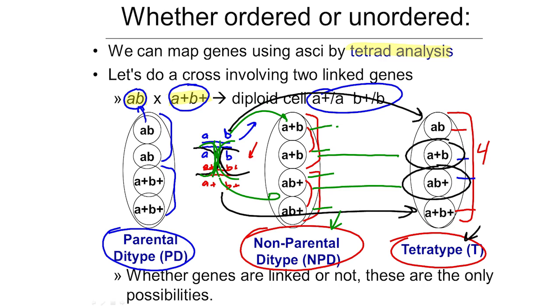So this is the best way to think of it. In a parental ditype, there are no recombinants. In non-parental ditypes, all the spores are recombinant because of the double crossover. In the tetratype, we know it's the result of one crossover, but what does that mean?